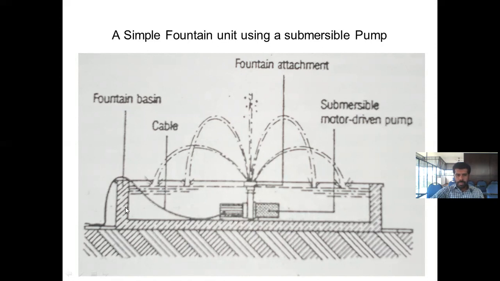And this is the fountain basin filled with water, and you have a pipe and the nozzle connection. This is a very simple fountain unit using a submersible pump. Directly from this pump, the water can be sprayed. This is known as a fountain attachment, through which you can spray at a different angle or a different height according to your design or style.